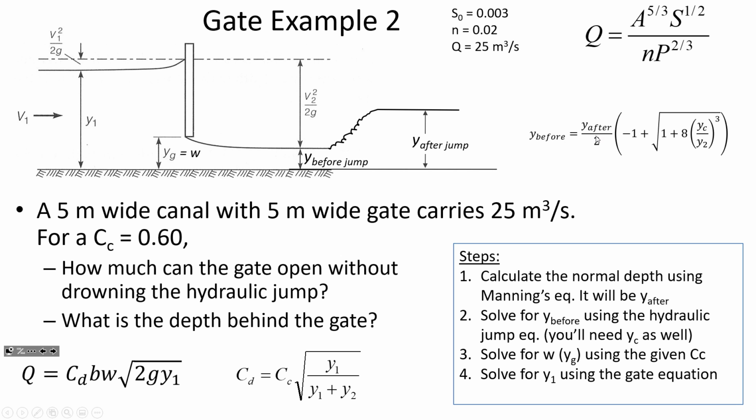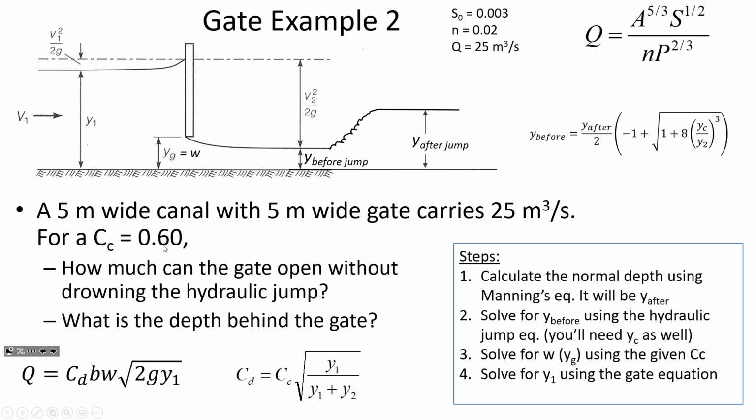We've used the Belanger momentum equation a couple of times before to find the downstream depth, the depth after the jump. This is the depth before the jump. Okay, so solve for y before, and then we know that's the depth after contraction.